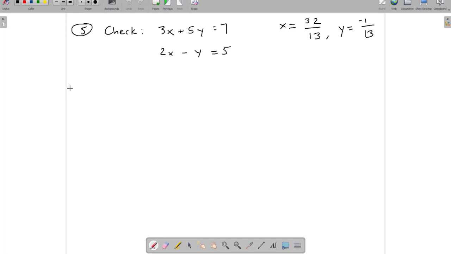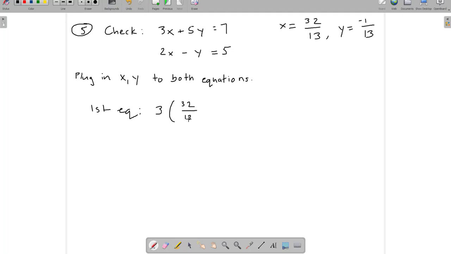So to check, all we have to do is plug these into both equations, because it has to satisfy both of these equations. So we'll do the first equation. 3 times x, which is 32 over 13.